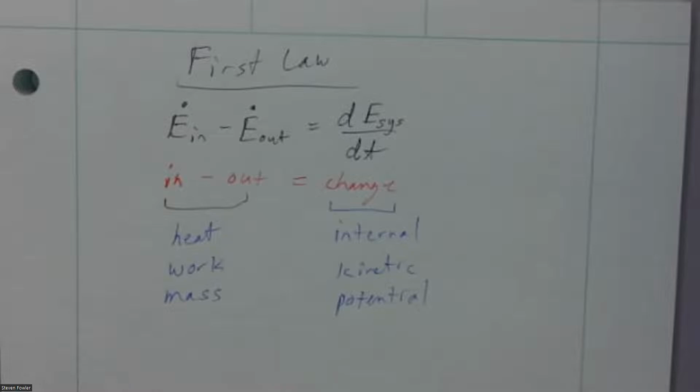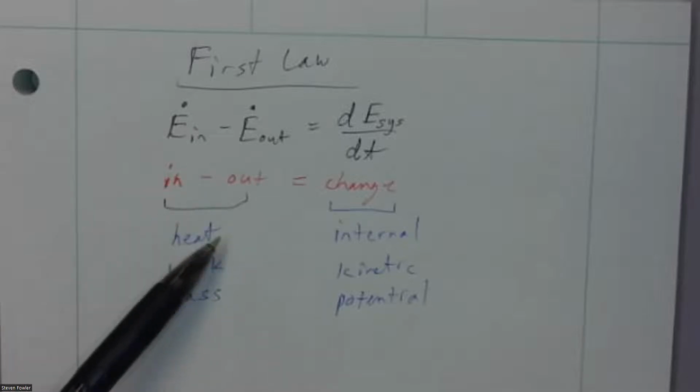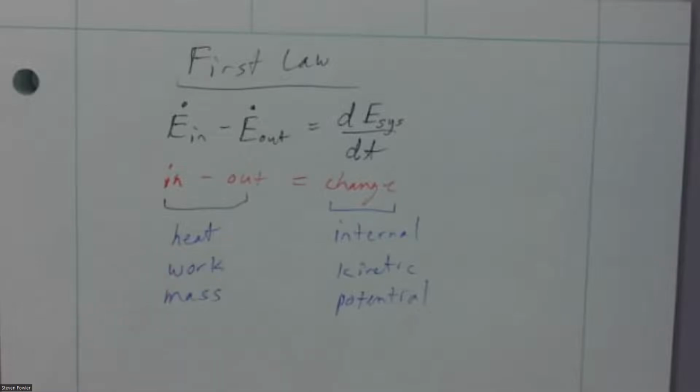So again, if I find the net rate at which these different types of energy are coming into the system, that's going to equal how the energy for my system is changing. And those types of energy can be internal energy, kinetic energy, potential. That's the first law in its purest.